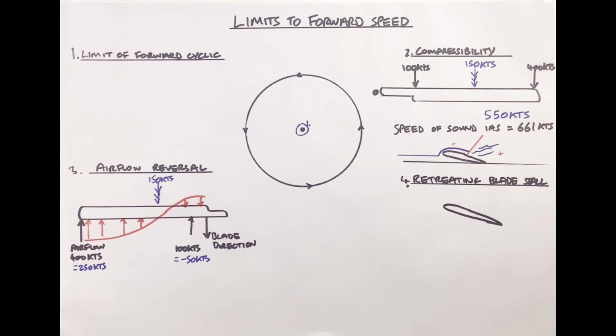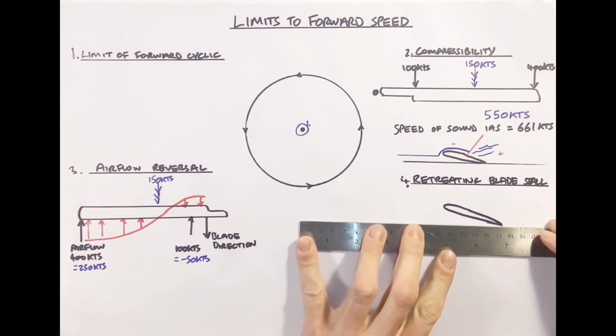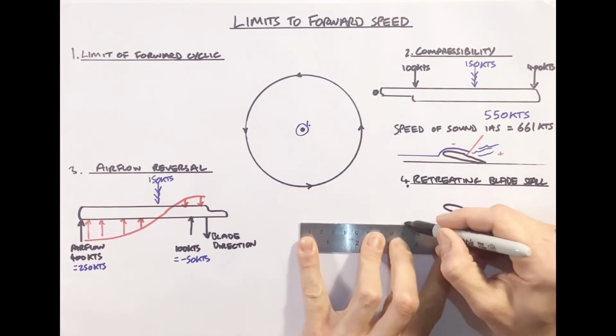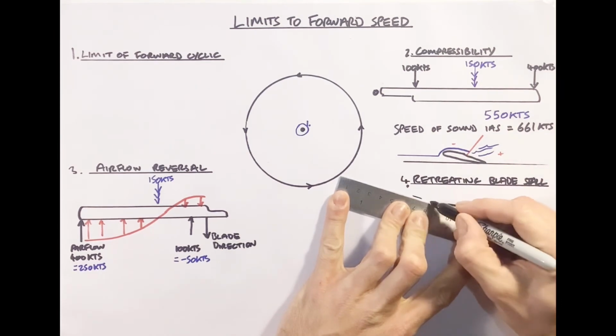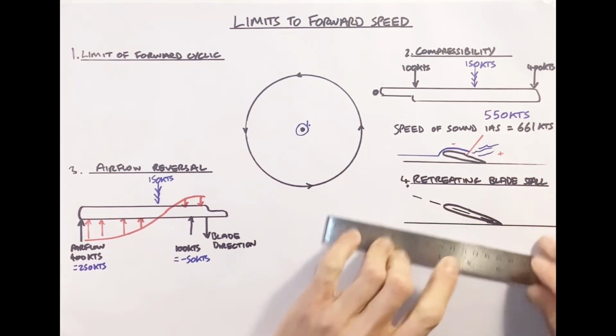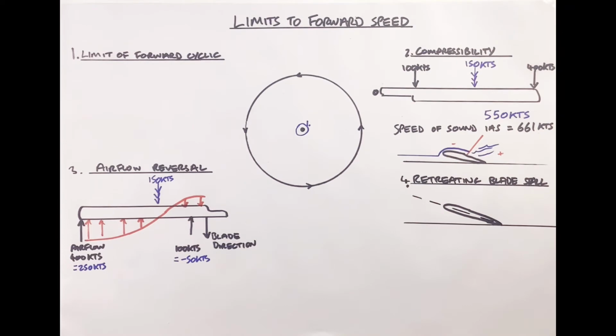However, again, going back to basic aerodynamics with a fixed wing, we are eventually going to get to the point where our airflow is quite slow, and we're eventually going to reach the point where we hit our critical angle of attack. And our critical angle of attack is the point at which we start to stall.